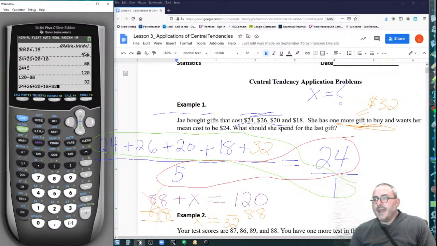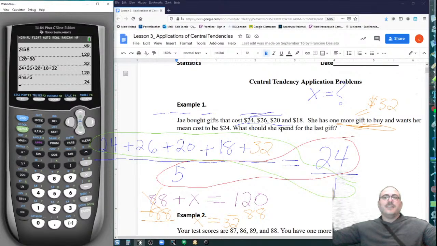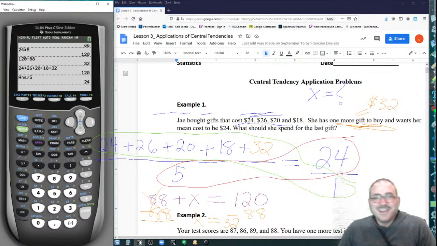When I add all these up, and if I divide by 5, I should get 24 if everything was done right. We did it. Success, great victory. It works. We solved for x, and we can just plug that in, check our work, boom, we're done.